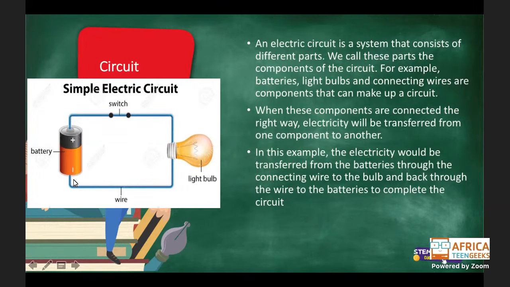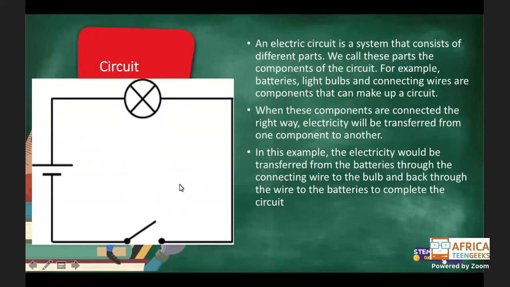In this example, the electricity would be transferred from the battery through the connecting wire to the bulb and back through the wire to the battery to complete the circuit. And if a wire has a cut, therefore there won't be any electrical flow.